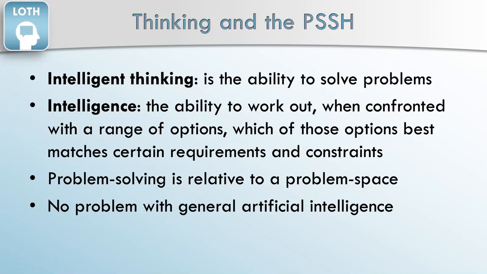So what we mean by intelligent thinking is the ability to solve problems. Intelligence here is the ability to work out which of those options best matches our values and limits. So it's not the best option, it's not the best answer every single time, but it is pretty good given the constraints. That's just what we mean by intelligence.